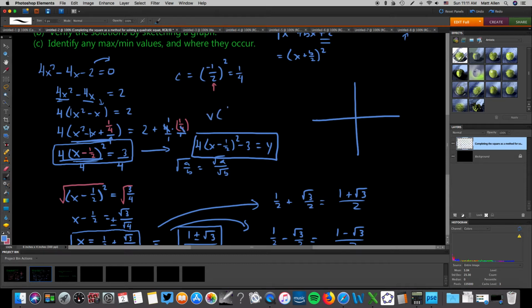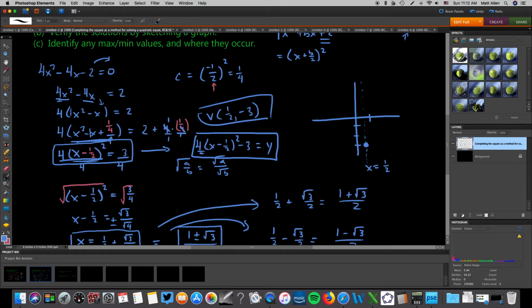Its vertex would be at (1/2, -3). If this is 1 right here, here's x equals 1/2 as our axis of symmetry. And we know we have to go down 3 on these notch marks. So there's our vertex, and this opens upward, and it's vertically stretched by a factor of 4.